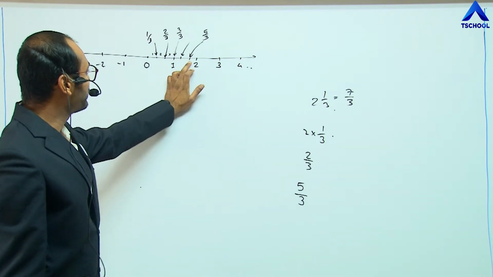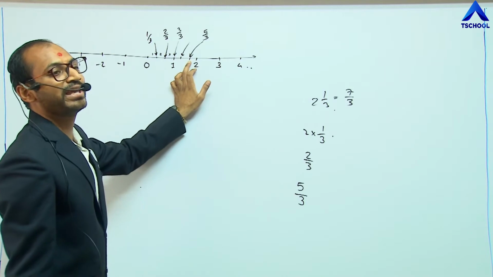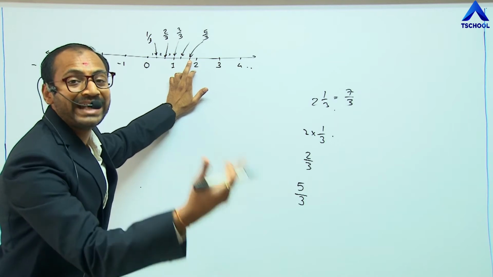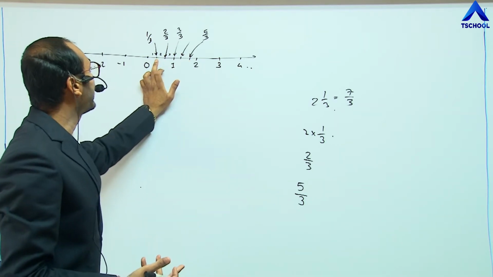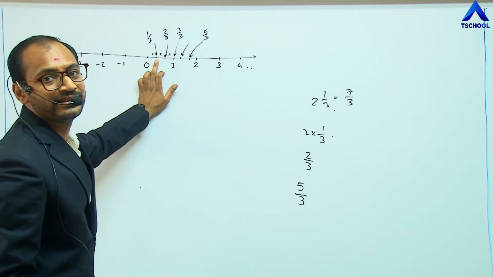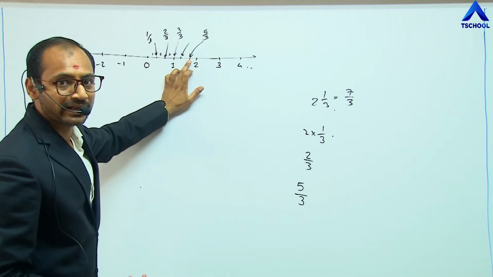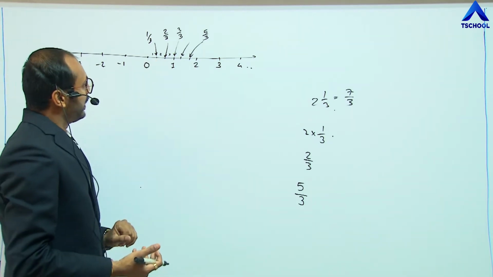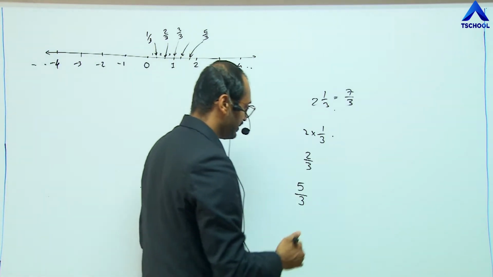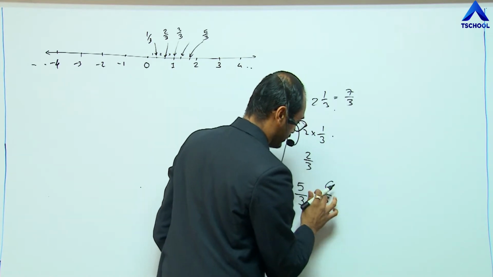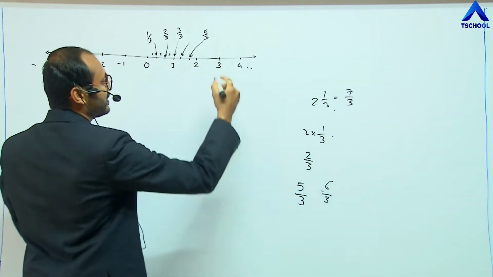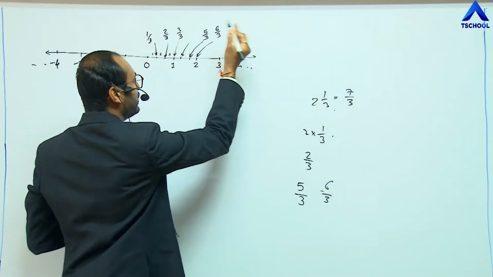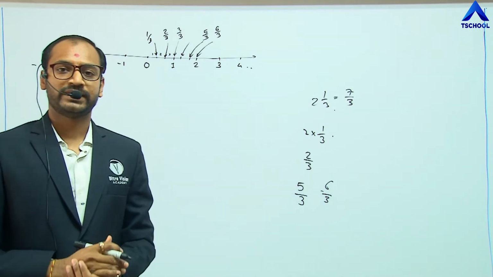This point is 5 times far from 1 upon 3. In the same way we can represent 6 upon 3. That means 6 times, and it is 2, since 3 2s are 6. Hence, this point is 6 upon 3. Clear?